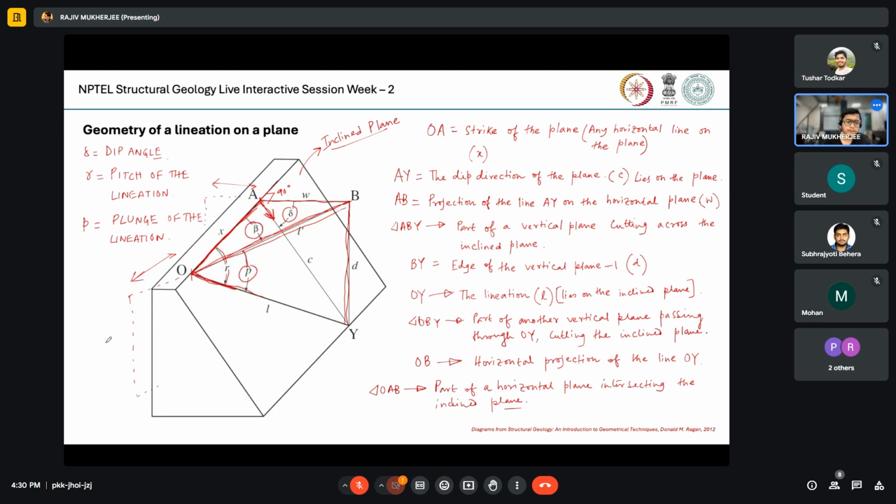So beta is basically the structural bearing of the lineation. Right. We will discuss what this actual structural bearing means, but for now, let us move on to the next slide.